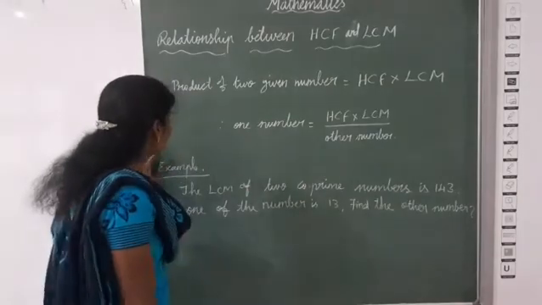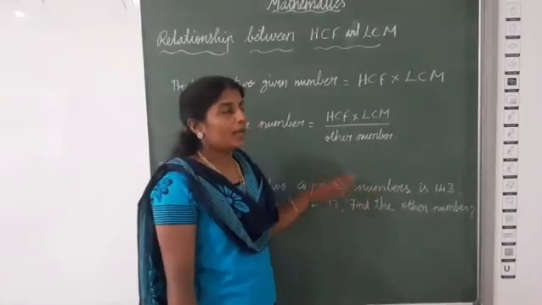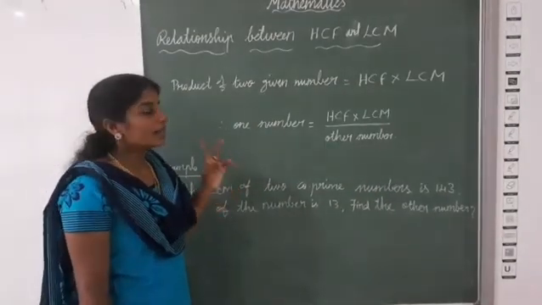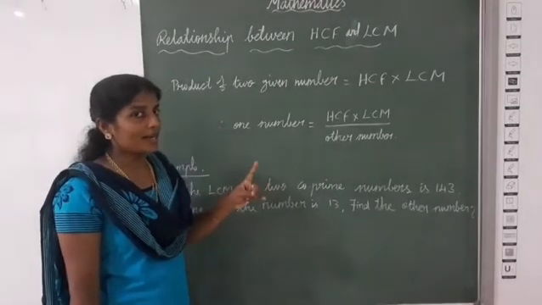Okay, now one example. The LCM of two co-prime numbers. Two numbers are co-prime means that they have only one as a common factor. Isn't it?